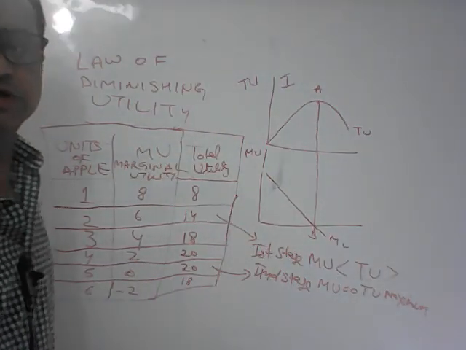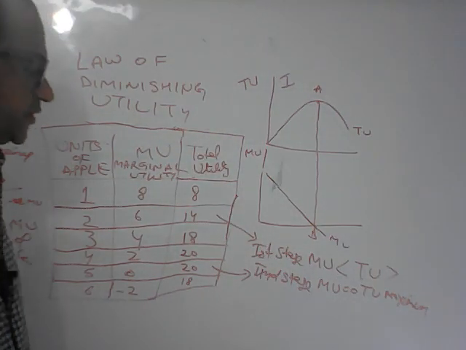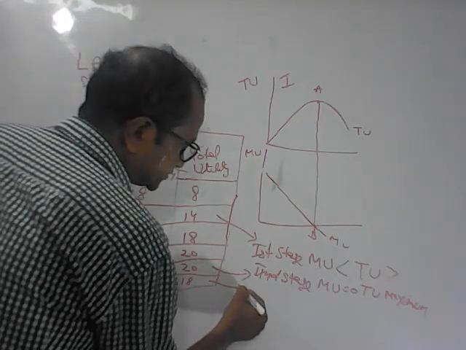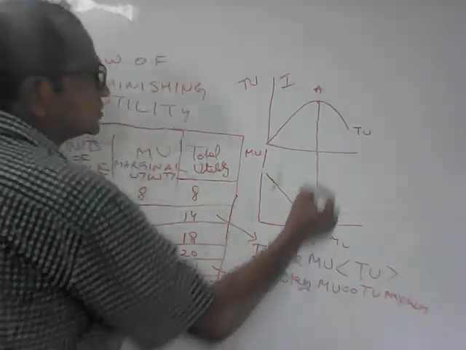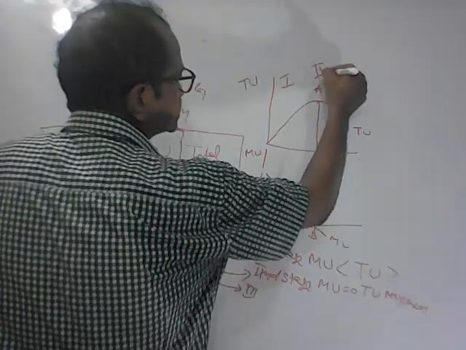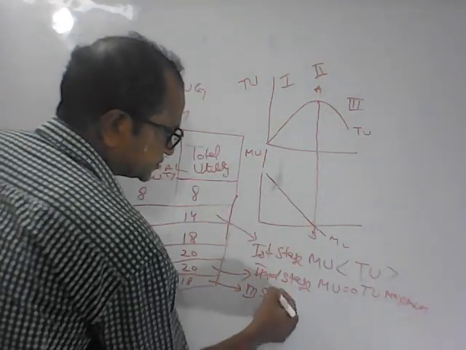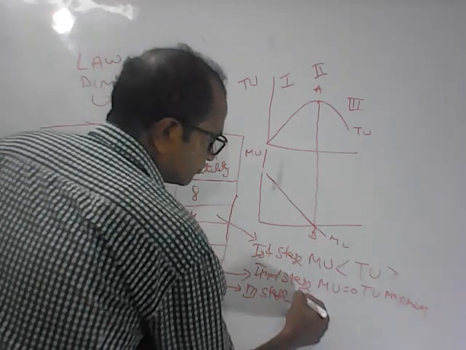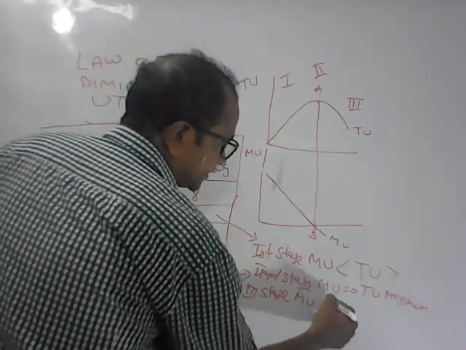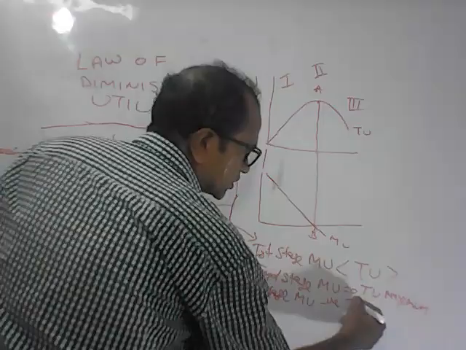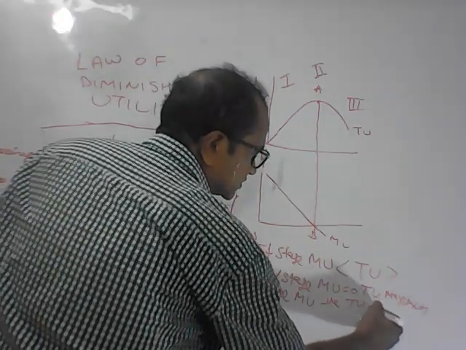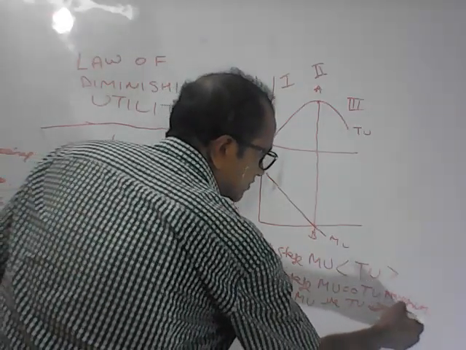And then the third stage. Third stage explains that marginal utility becomes negative, whereas total utility is decreasing.